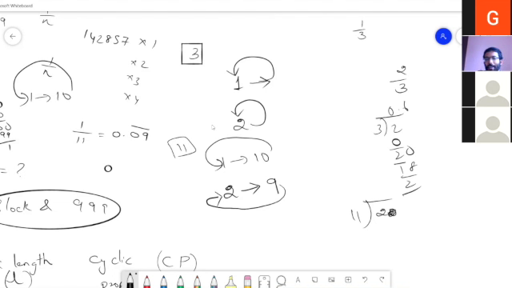Okay, I'll give you one more clue to see this connection between this block length and at least a sequence of 9s. Gauri ma'am, is that okay?